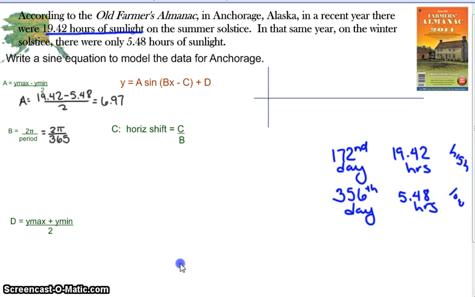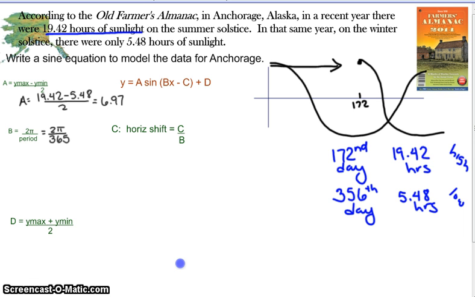So I go ahead, take that, set it aside, and let's go on and talk about this horizontal shift. If you can imagine at day 172, what's happening? I'm at my high point here for hours of sunlight, and we've got something like this going on. How far over do I have to move a typical cosine graph to get there? I have to move it 172 spaces. So that shift is 172.